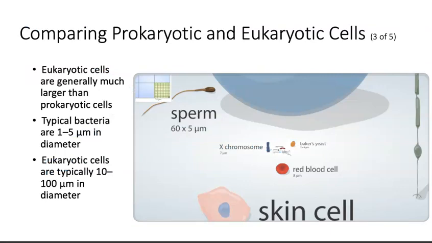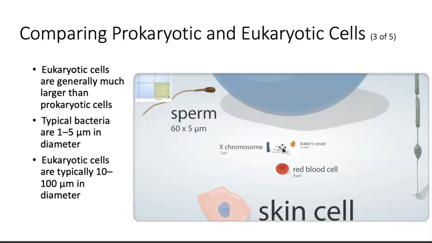If we compare the size of prokaryotic cells and eukaryotic cells, kind of like this picture right here, eukaryotic cells are generally much larger than prokaryotic cells. You have about a 1 to 5 micrometer diameter for a bacteria, but typically eukaryotic cells are anywhere between 10 and 100 micrometers.